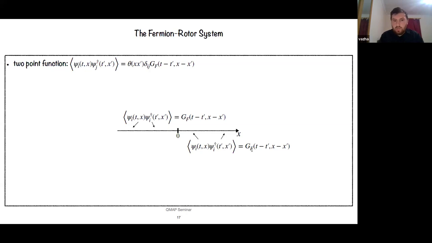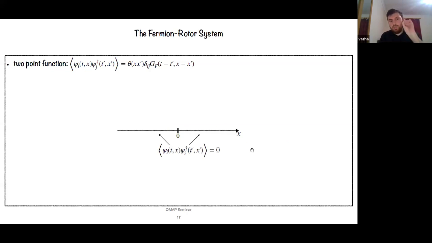Now, if you calculate two-point function such that one fermion is inserted left to the rotor and second fermion is inserted right to the rotor, this is 0. That is also consistent with the story I told you. Because remember that this fermion carries U(1) charge that flips the sign when you go from one side to another of the monopole. That means by charge conservation, this should be 0. So far everything is consistent.